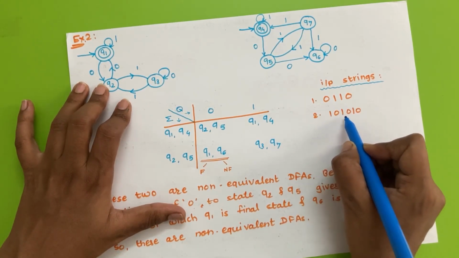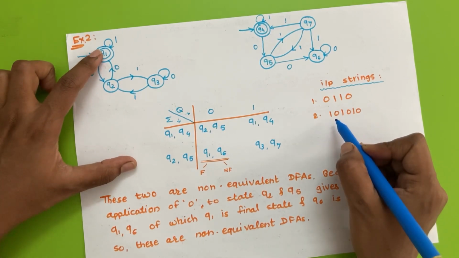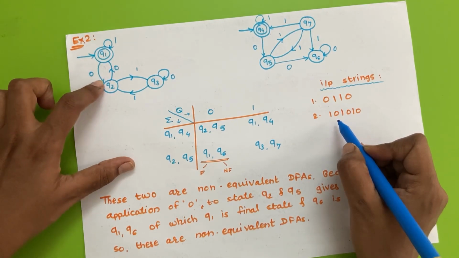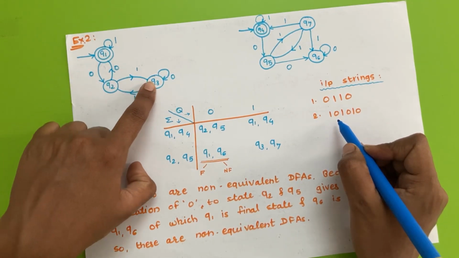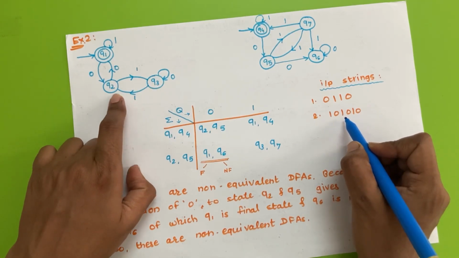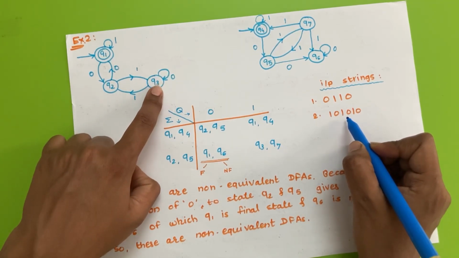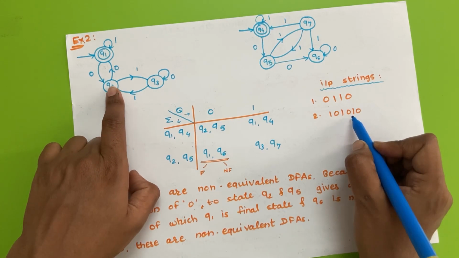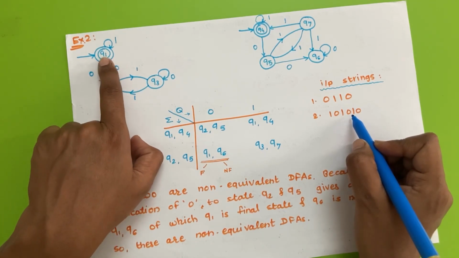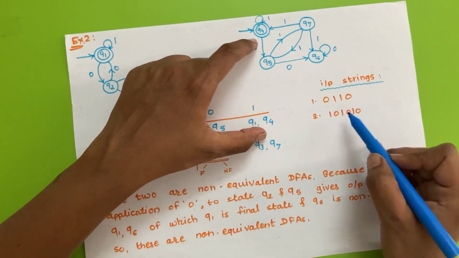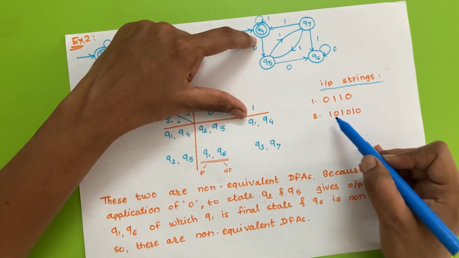Again, we can make the same observation for this string: 1, 0, 1, 0, 1, 0. So 1, 0, then 1, then 0, then 1, and then 0 will go to state Q1. We'll observe the same string for this finite automata.